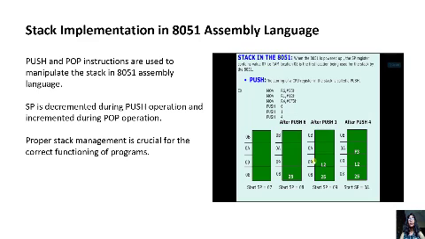Proper stack management is crucial for the correct functioning of programs. This is the stack in the 8051 push and pop coding, which implements assembly language to manipulate the stack of the 8051.